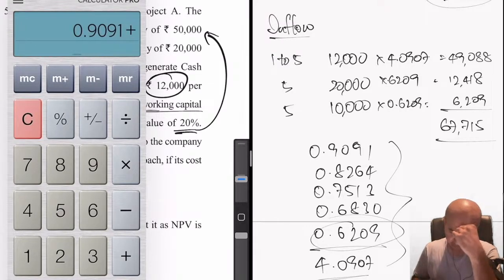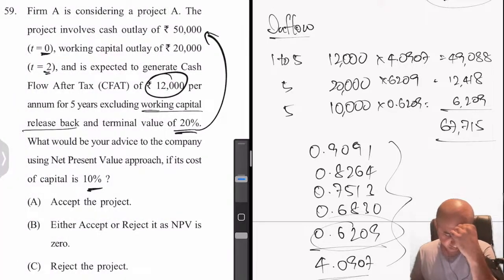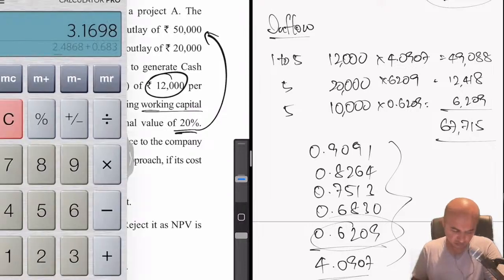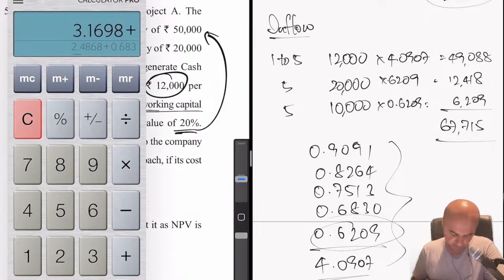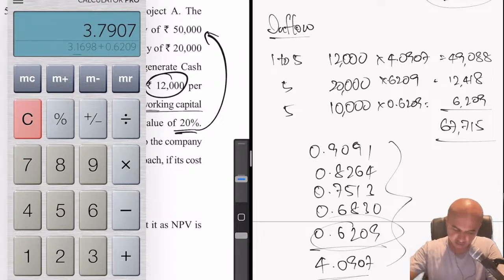0.9091 plus 0.8264 plus 0.7513 plus 0.6830. Last year, they're still getting 5 years. No, 12,000 is anyway given for 5 years. It's not like it is only for 4 years. Plus 0.6209. Okay, this is where I have gone wrong. I have not added properly here. 3.79.